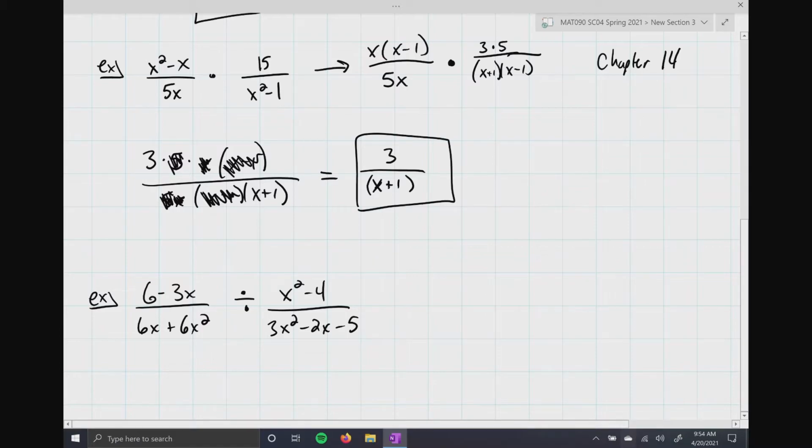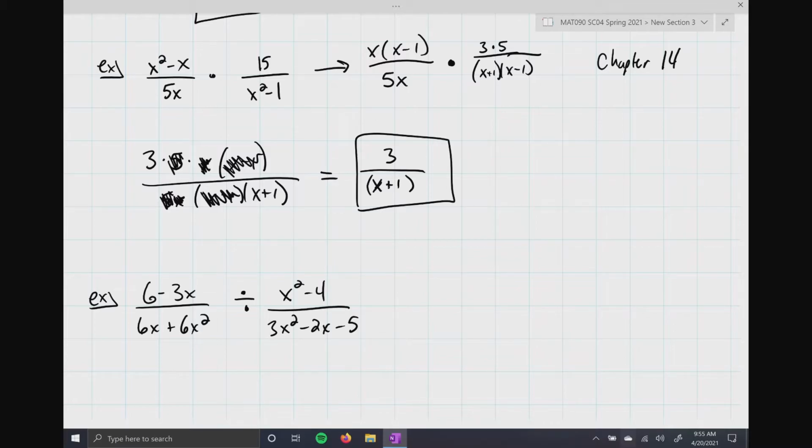It is, but we can handle this. We're going to be fine. We have a technique, and we're going to stick to it. So step one, we're going to rewrite things if necessary. First thing I'm going to look for is descending order. I want to make sure my polynomials are written in descending order.